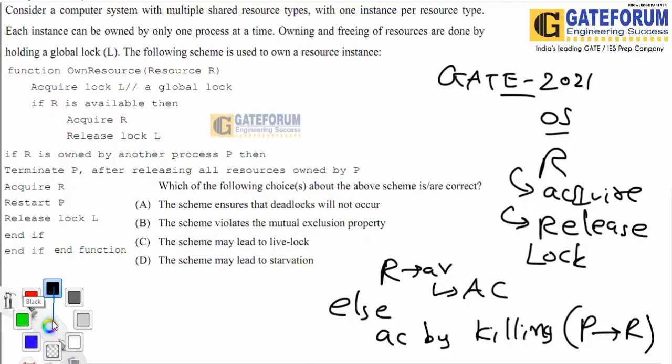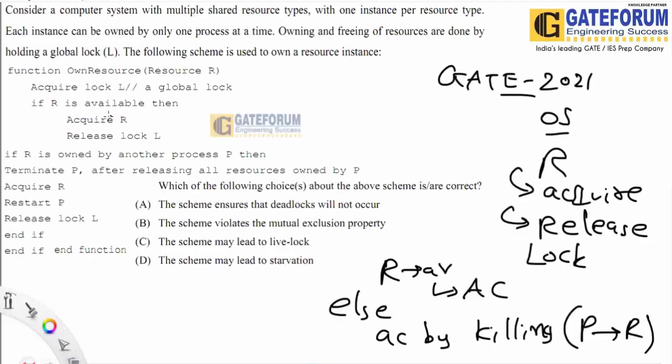The third option is that the scheme may lead to livelock. Livelock is a concept in which the request is denied repeatedly. Let's say a process P requests a particular lock and gets the resource R, but then some other process terminates it. Again it restarts and asks for the resource R, some other process might come and again terminate it.